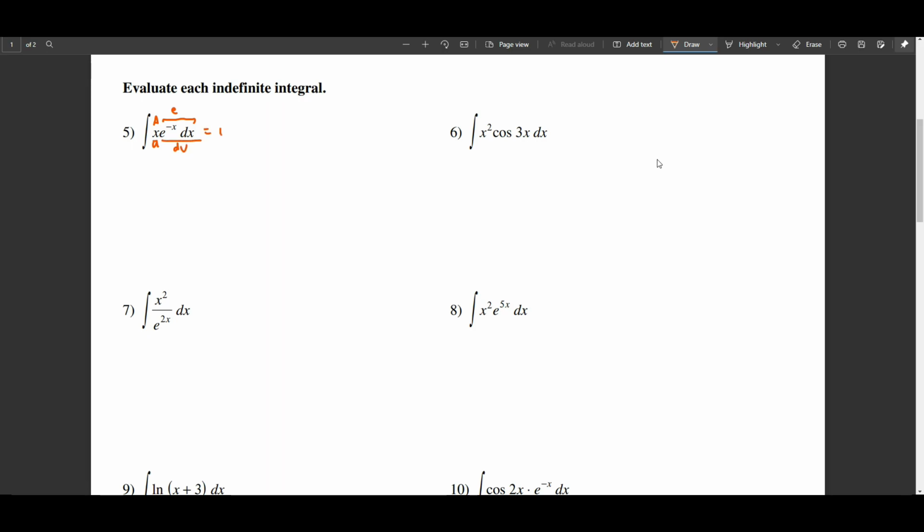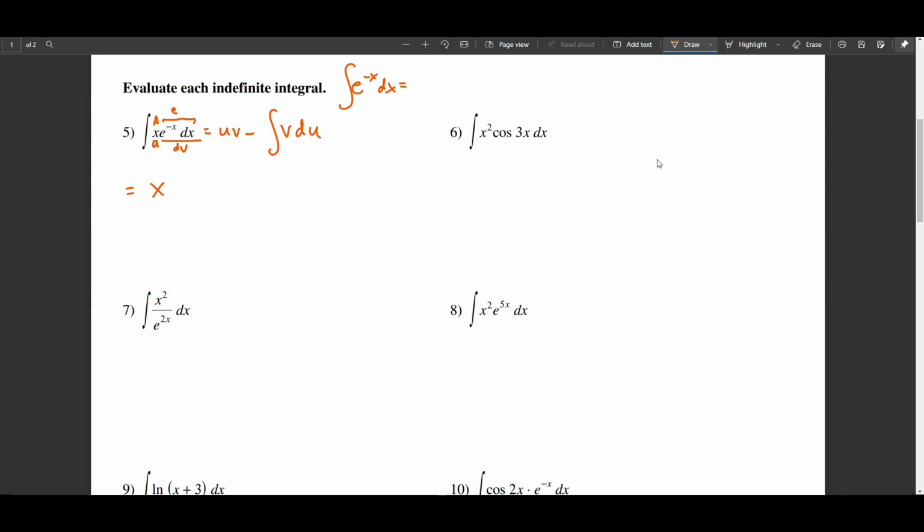So with that in mind, I'm going to write uv minus integral of v du. All right, so x is our u, so I'm going to plug that in there. And then v, we don't have v right here. We have a dv. So I'm going to set e to the minus x dx to the side and then integrate this.